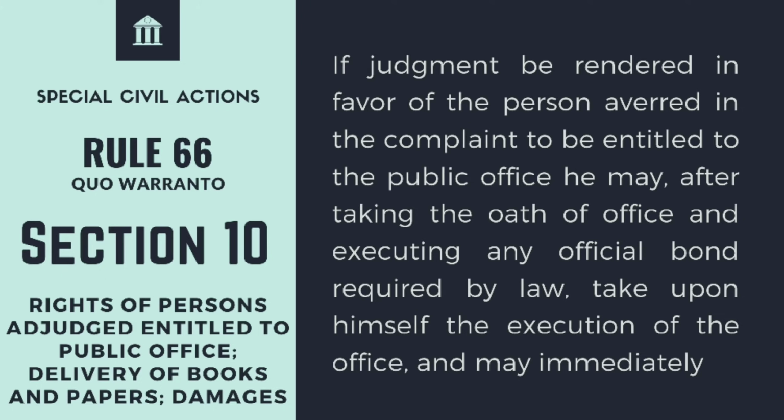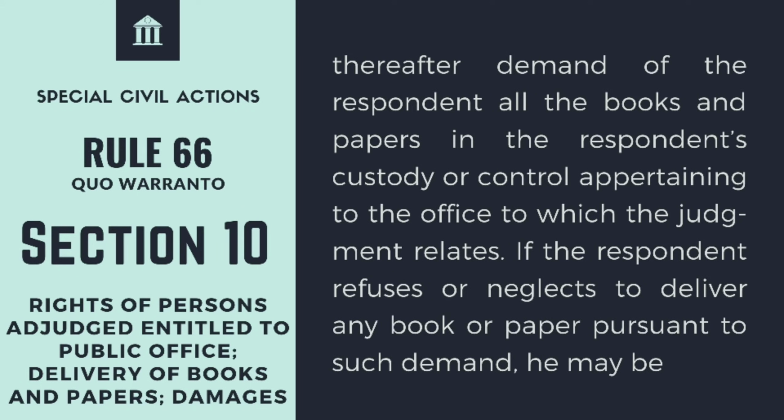Section 10. Rights of persons adjudged entitled to public office, delivery of books and papers, damages. If judgment be rendered in favor of the person averred in the complaint to be entitled to the public office, he may, after taking the oath of office and executing any official bond required by law, take upon himself the execution of the office, and may immediately thereafter demand of the respondent all the books and papers in the respondent's custody or control appertaining to the office to which the judgment relates.